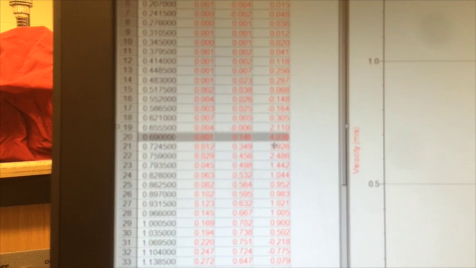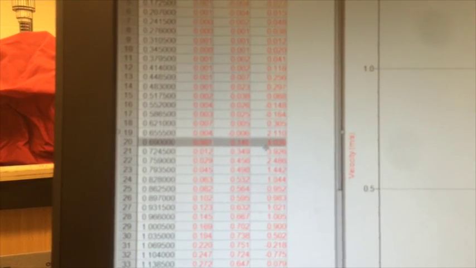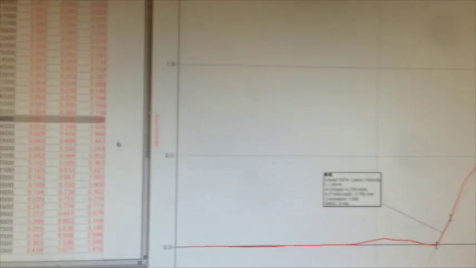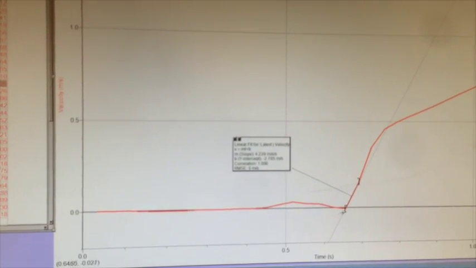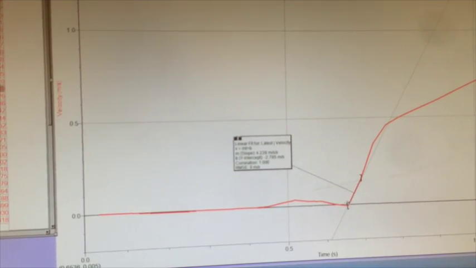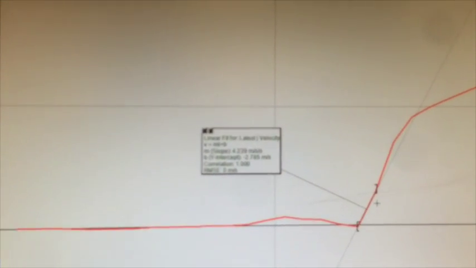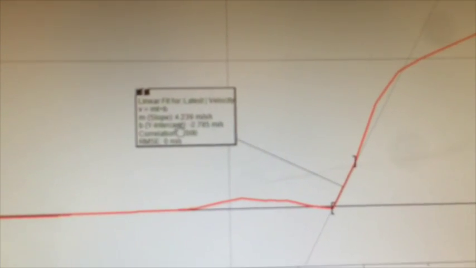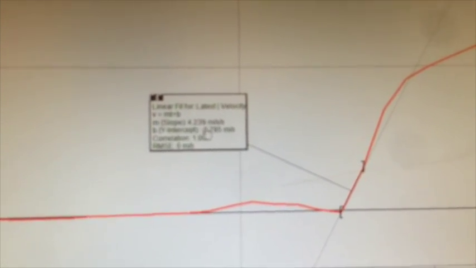It shows that instantaneous acceleration is 4.04 meters per second squared. A more accurate method to come up with our instantaneous acceleration would be to find the slope of velocity when the block started moving. So we applied a linear curve fit on the slope of velocity when the block started moving, and it came out to be 4.24 meters per second squared.